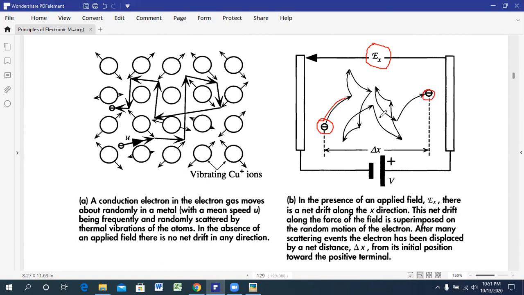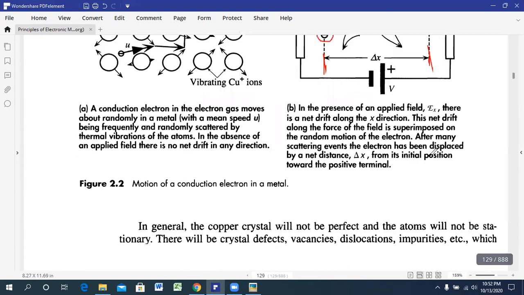This is not the effect of a single electron; it is the effect of various numbers of electrons due to this applied electric field. And we are considering this distance as delta x, the linear distance.